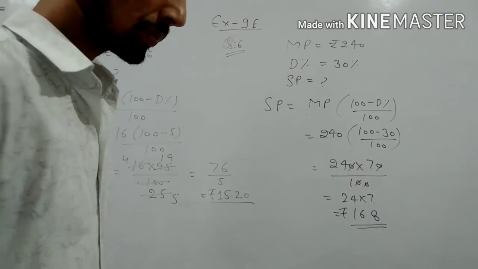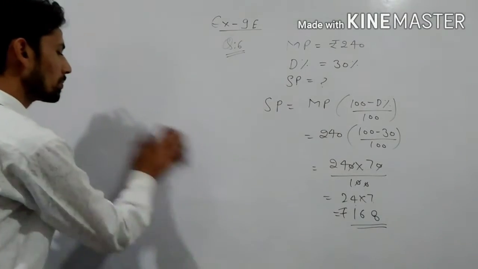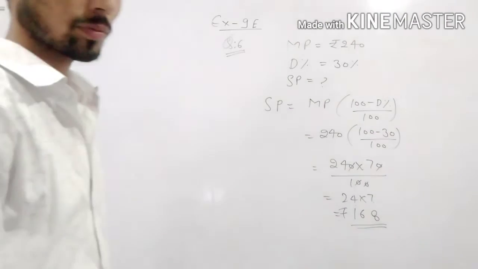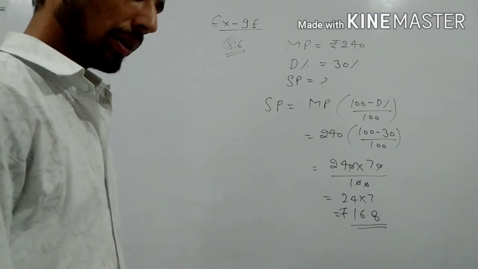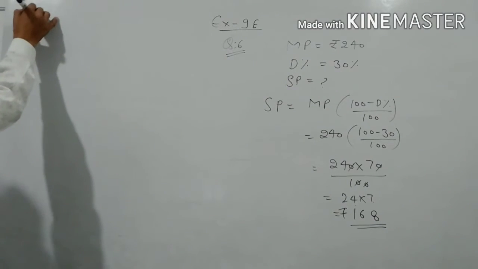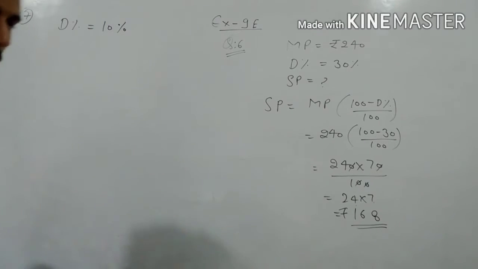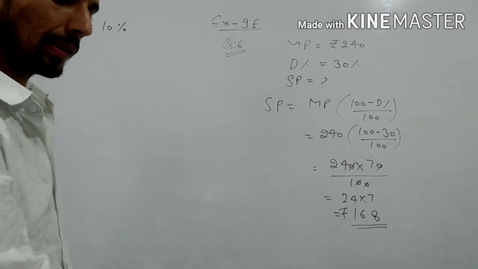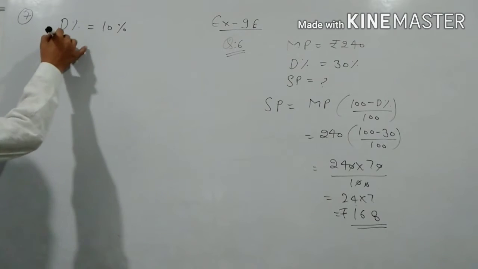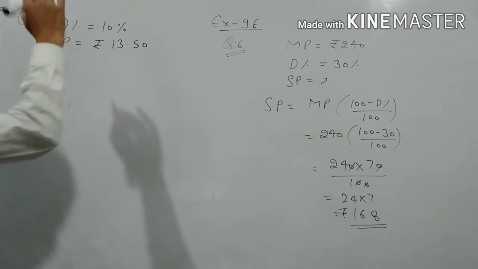Next is question number 7. A shopkeeper gives a discount of 10% for cash payment. Discount percent is 10%. At what price is the article marked, if the cash price, selling price, is 13 rupees 50 paise?